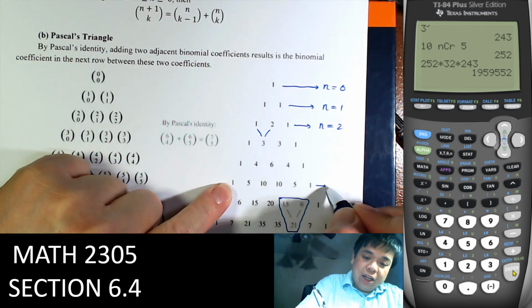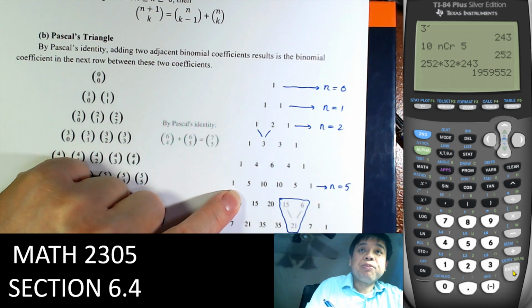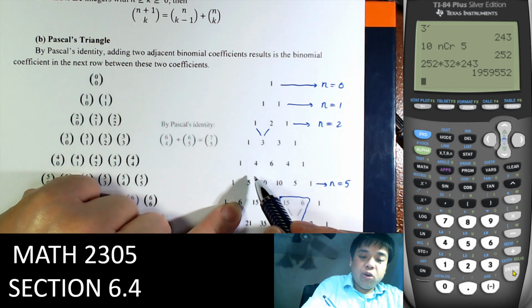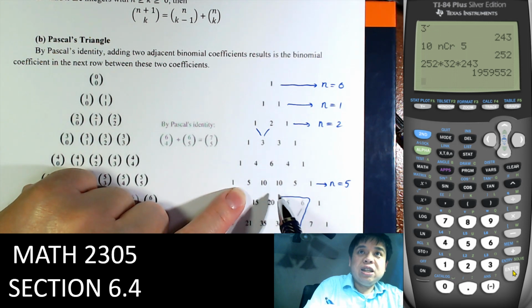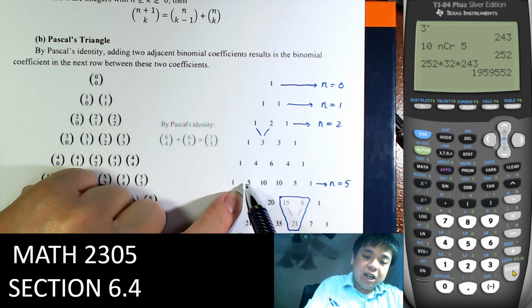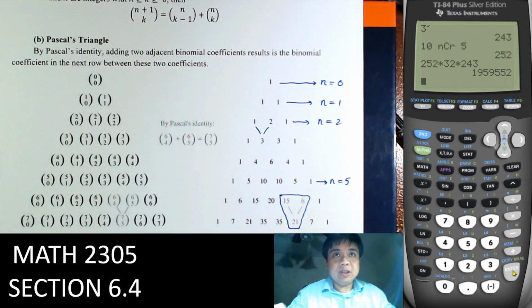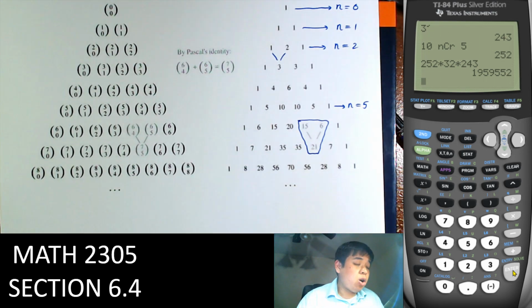So this is n equal to 5, the fifth row. By the way, the second entry will give us the row number. So 1, 5, 10, 10, 5, 1, with 5 in the second position, so that is n equal to 5. So Pascal's triangle will give us another way to find the coefficients.